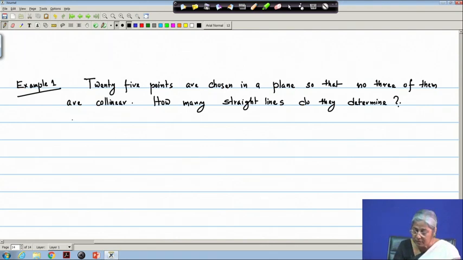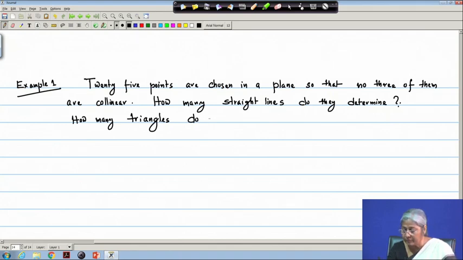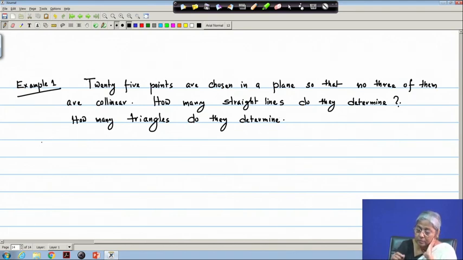Then also we can find how many triangles we can form with these 25 points having this property that no three points are collinear. First, this is a pure counting problem and there is no ordering. So, unordered arrangements.